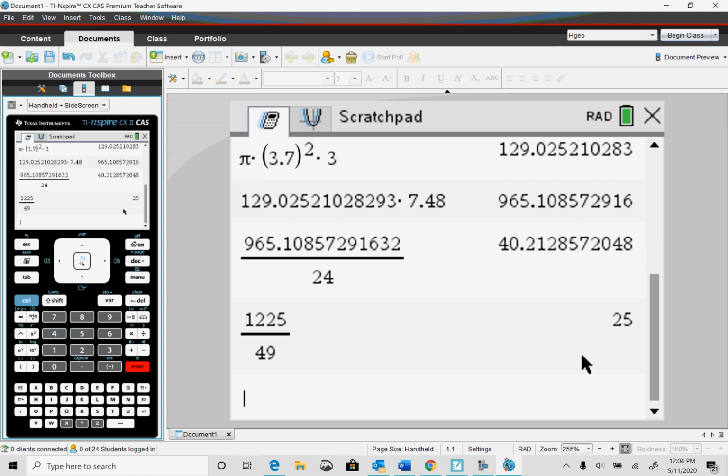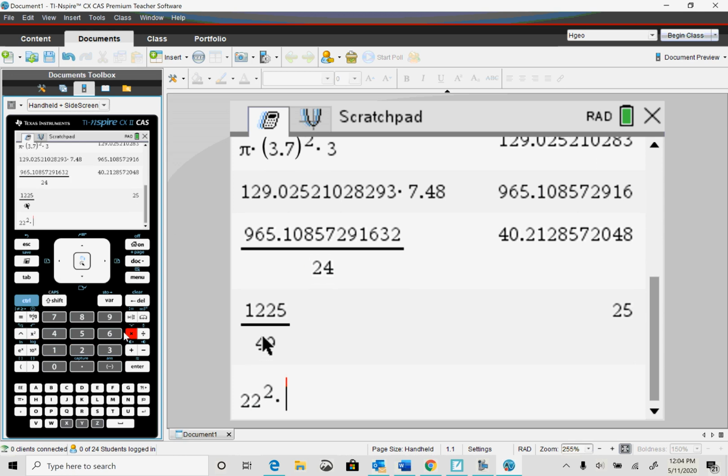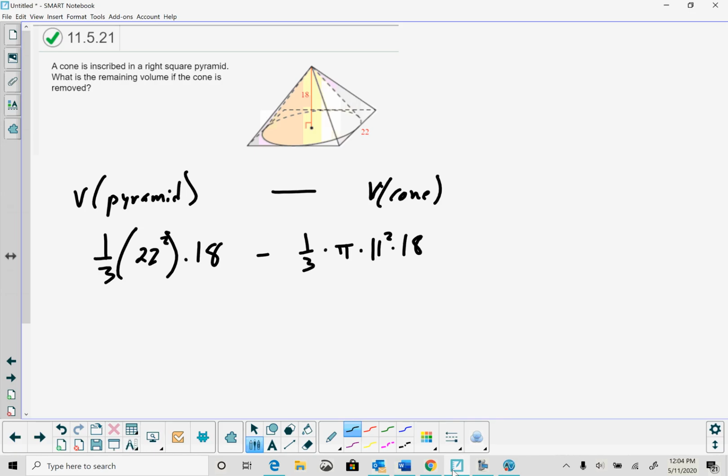So I could take then 22 squared times 6. So that'll get me the volume of the pyramid that's on the outside. But from that, then I need to subtract here for the volume of the cone. Again, 1/3 of 18 is 6.